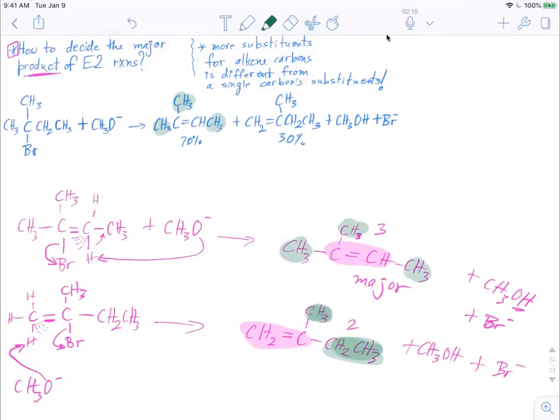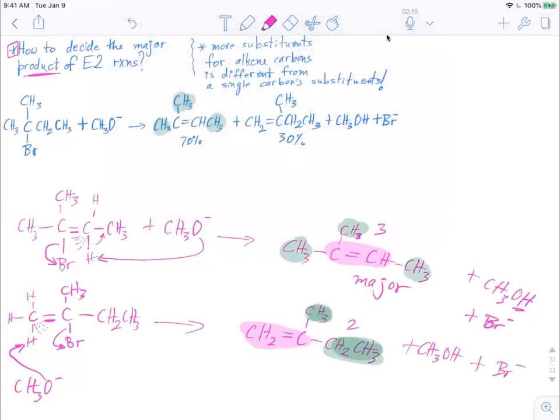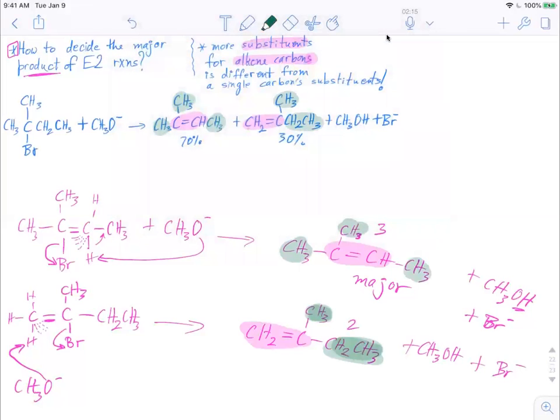It's talking about how many substituents there are on the alkene carbons, as plural. So these are alkene carbons. And together, this one has 3, and the next one has just 2 substituents. So the one with more substituents wins right here. And that's what we found out as the majority product.